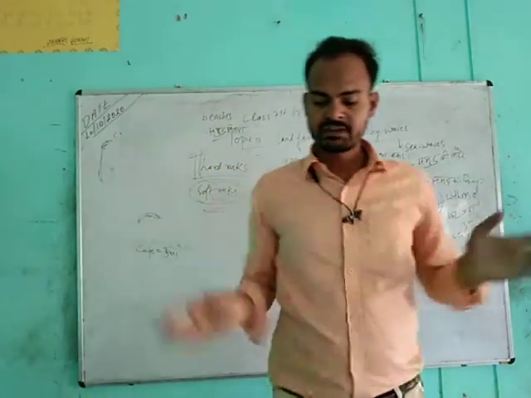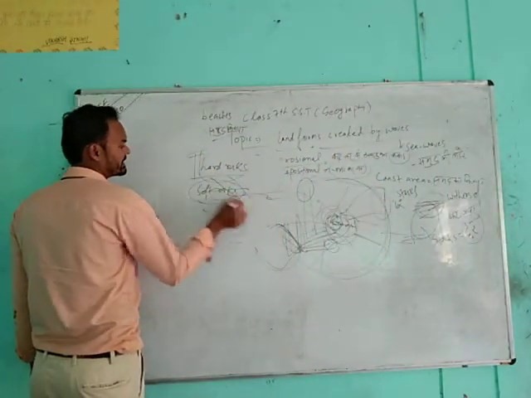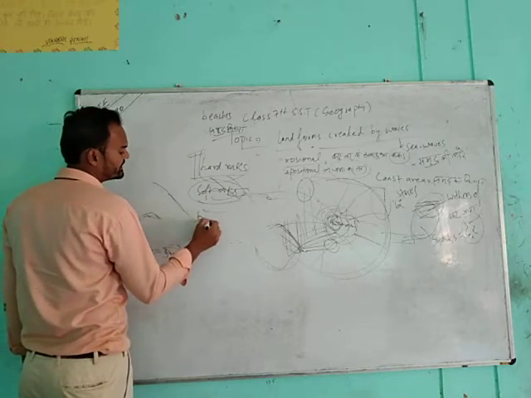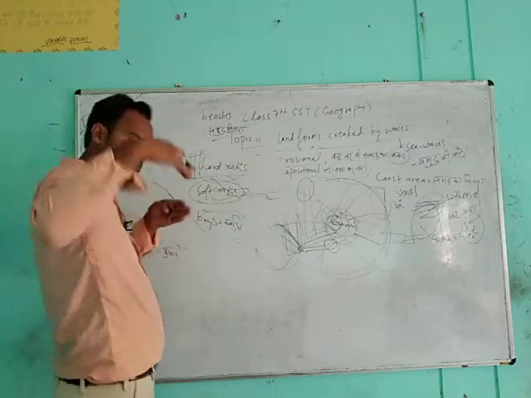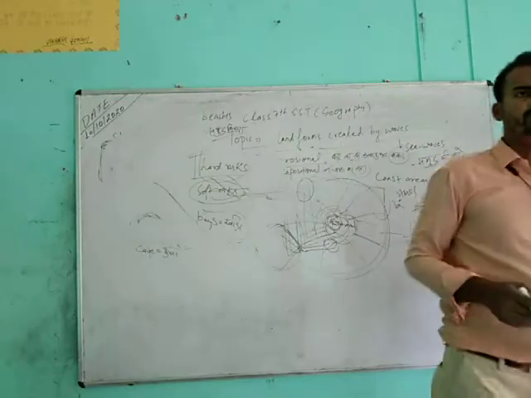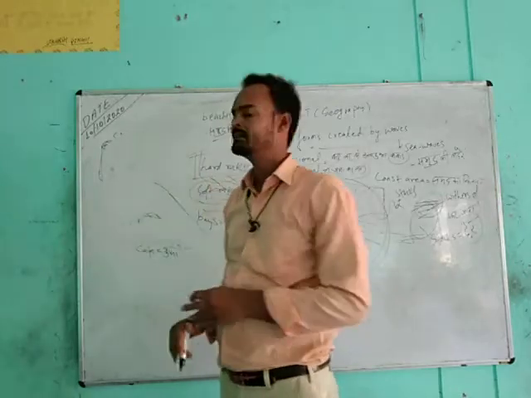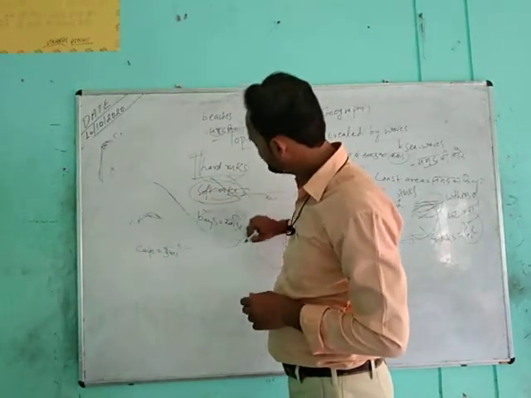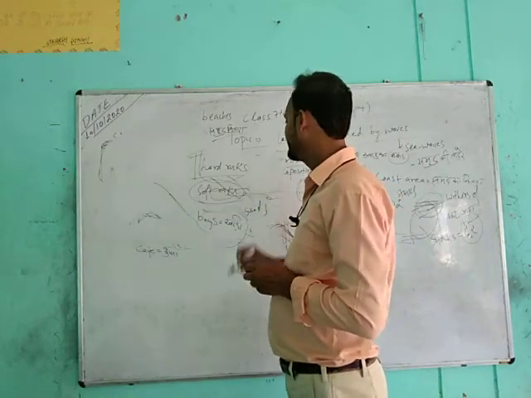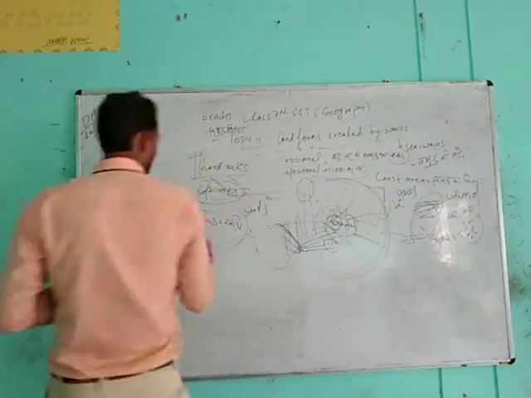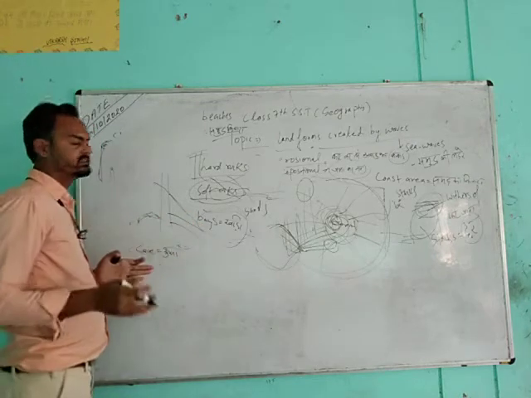The soft rocks may erode faster to form bays, B-A-Y-S, that is khari. This is a lower, deeper part, coming from a river, and the river enters the sea, and the sea waves deposit some sands there. Along with the hard rocks, these soft rocks get eroded and form the bay, that is khari.